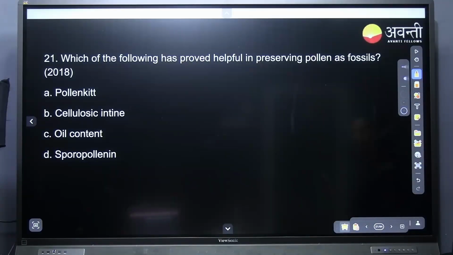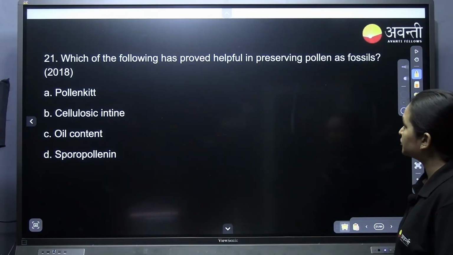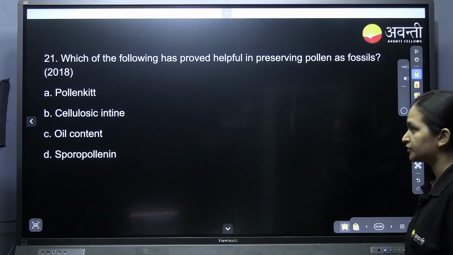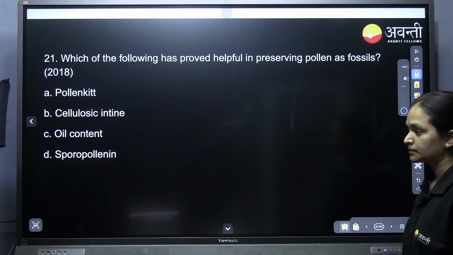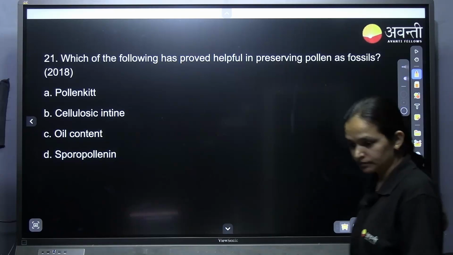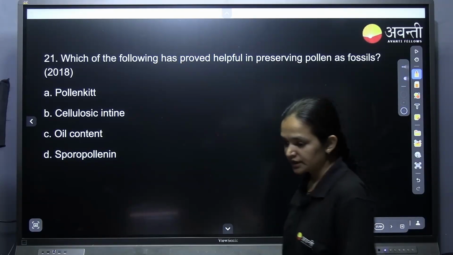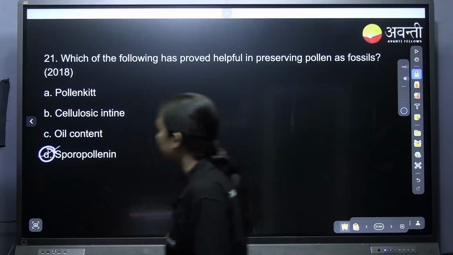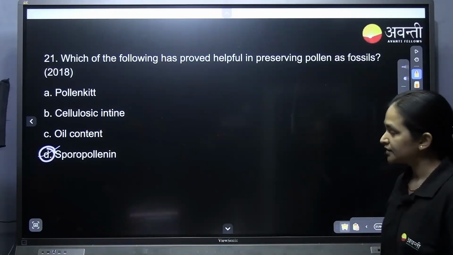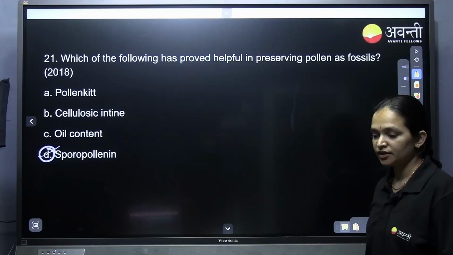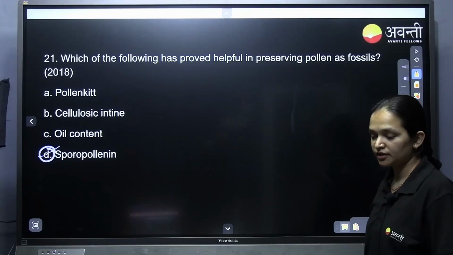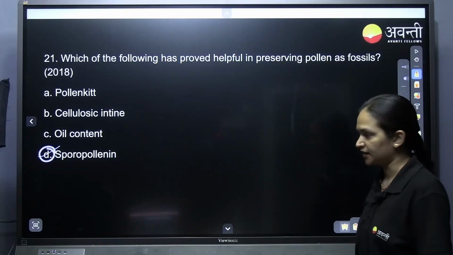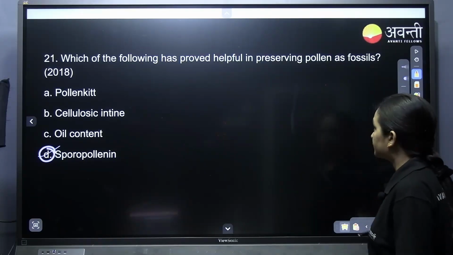Which of the following has proved helpful in preserving pollen as fossils? D, right, correct. Sporopollenin. It is a component of exine, so that we can preserve.